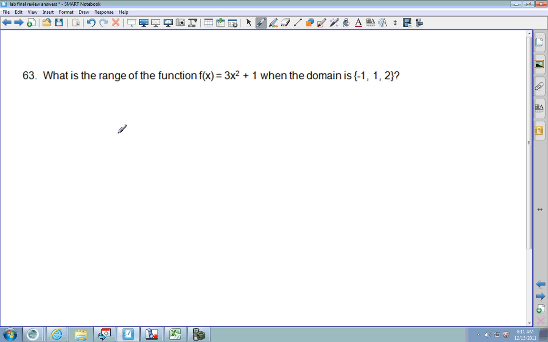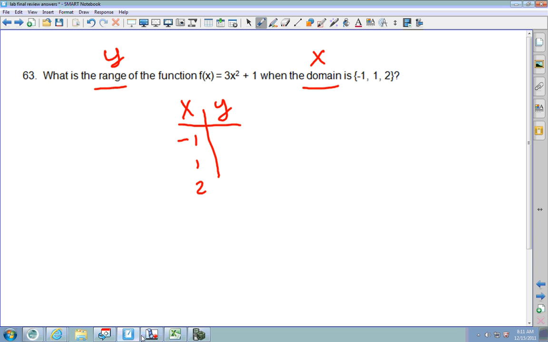Okay, first off, underline the word range, put y above it. Underline the word domain, put x above it. Now, so that you don't look in the wrong spot, I highly suggest you make a table, put x and y. Our x numbers are negative 1, 1, and 2.